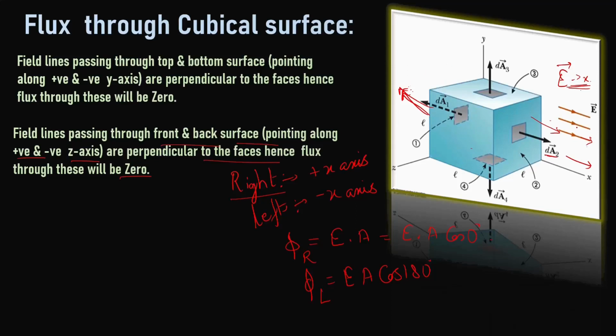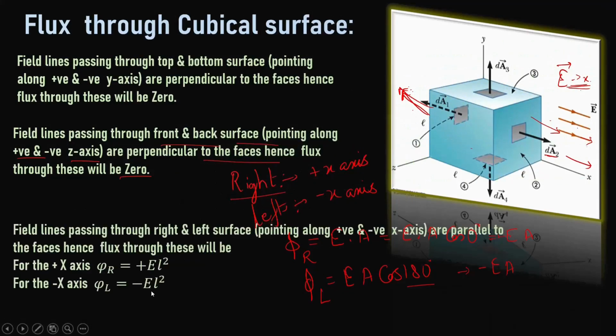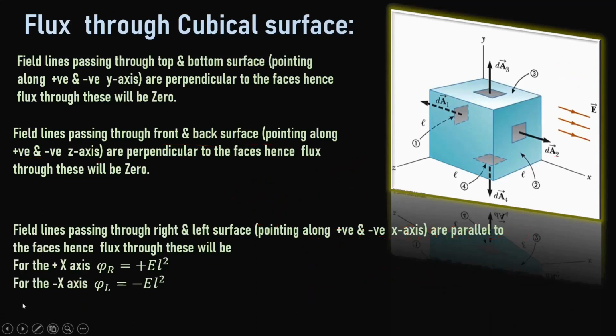So the angle between electric field and area vector for the left surface is 180 degrees, and cos 180 degrees gives us minus EA, and here we will get plus EA. If we add them, the net flux comes out to be 0.